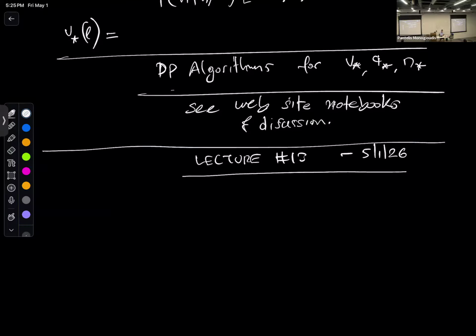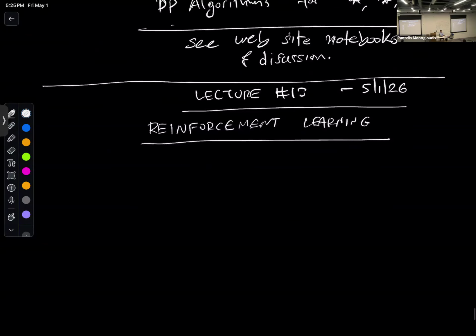The topic here is reinforcement learning. I want to provide a taxonomy of various reinforcement learning algorithms, and what we will limit our discussion to today. The first category is the so-called value-based schemes.